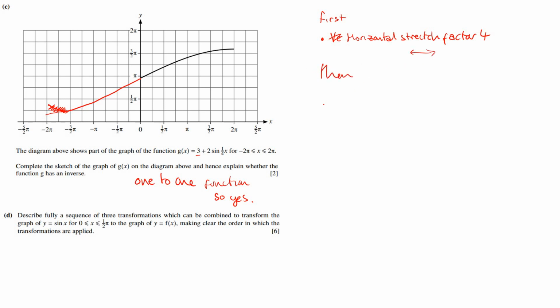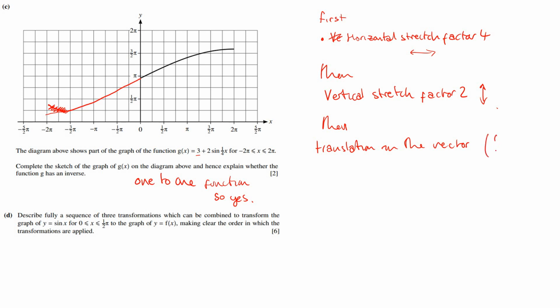Then we use the 2, a vertical stretch factor 2 like that. And then a translation in the vector (0, 3). There's that 3 there, which makes us move up. Remember, it just goes from the most inside to the outside, and you should be okay.